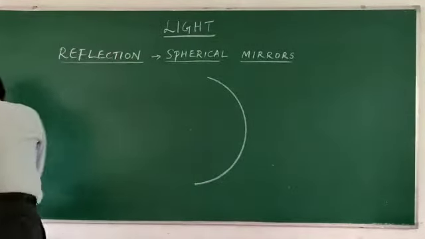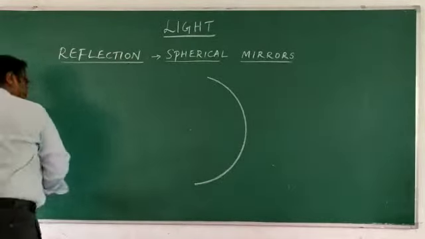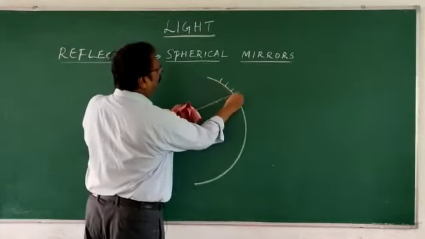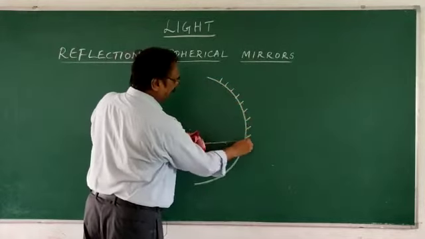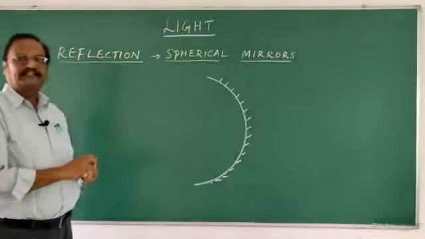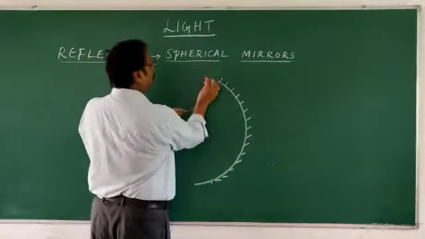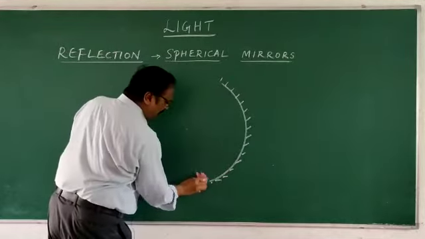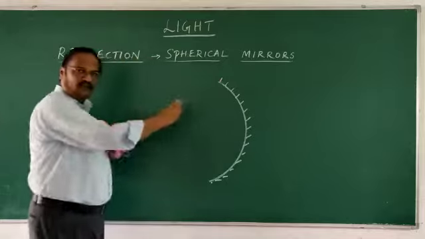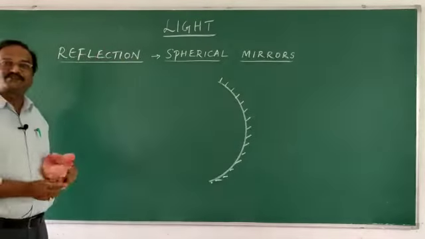Watch carefully, this is part of the sphere, and I am going to coat this side with lead dioxide, basically. Then it becomes a mirror. Mirrors are basically opaque. Mirrors do not allow light to pass through.